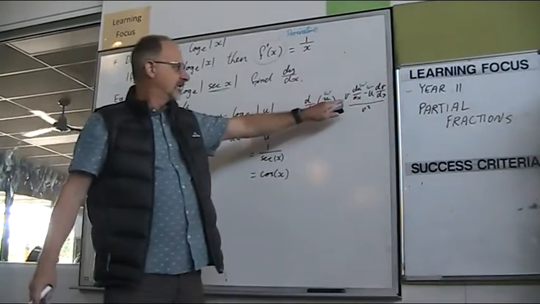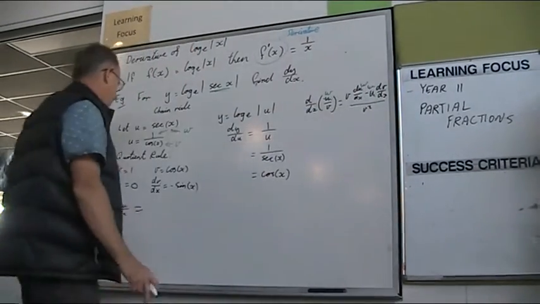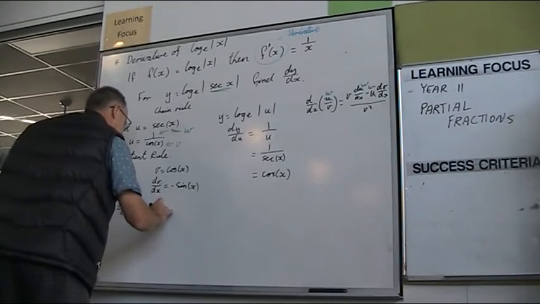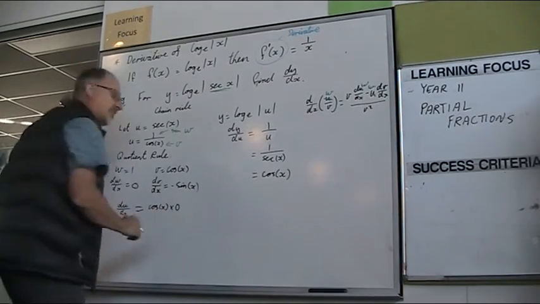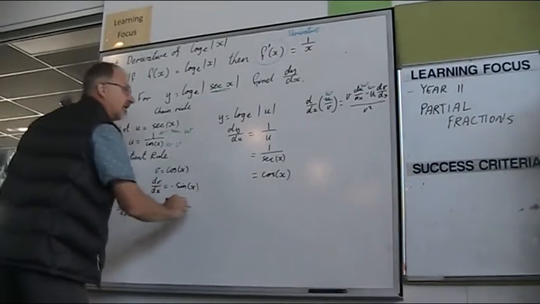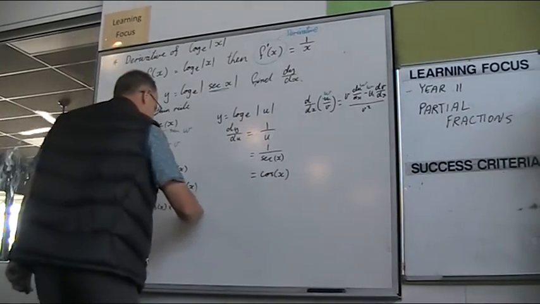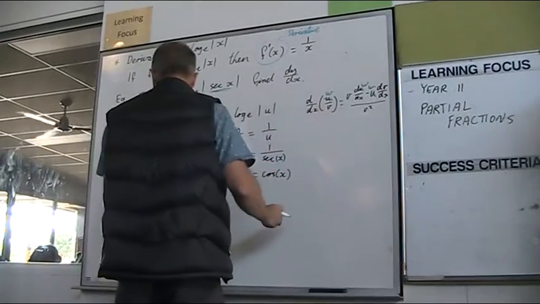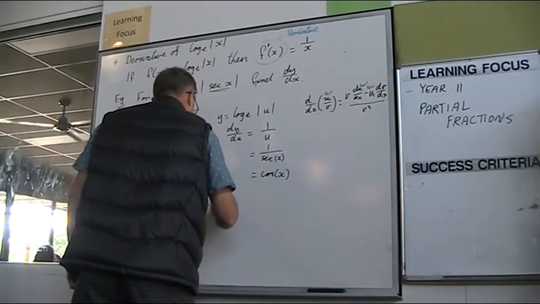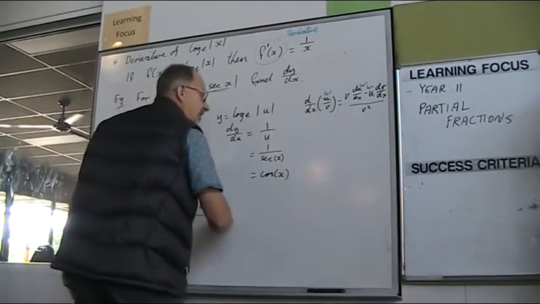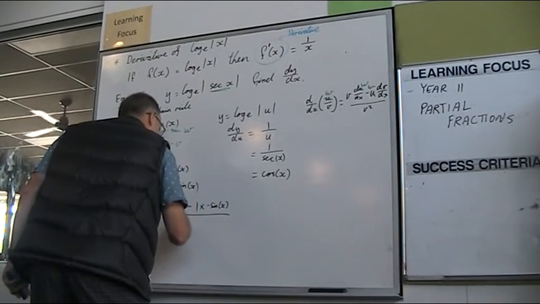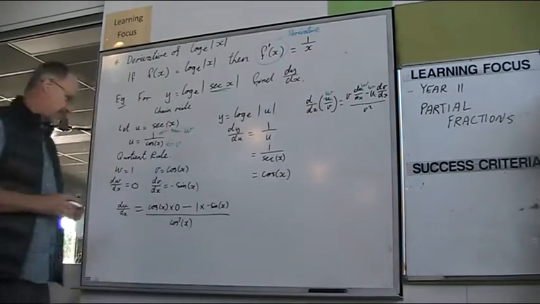All right, v times the derivative of w, so v is cos x times 0, minus w, which is 1, times the derivative of v, all over v squared, and v is cos, so it's cos squared x.